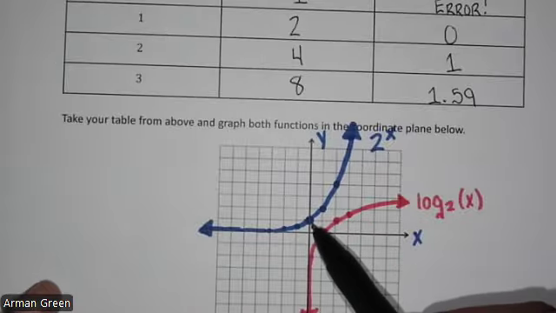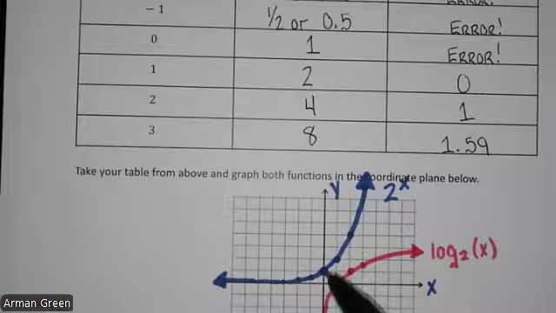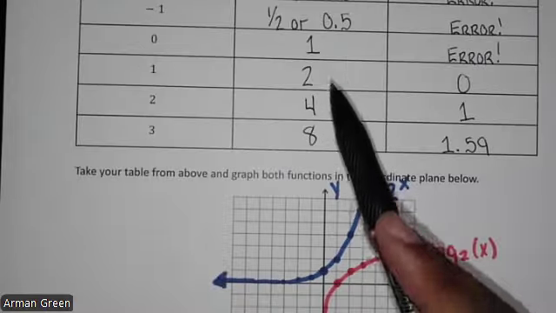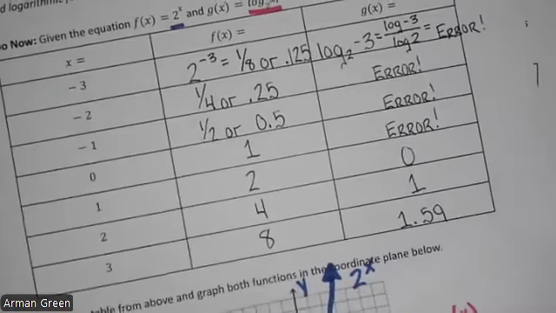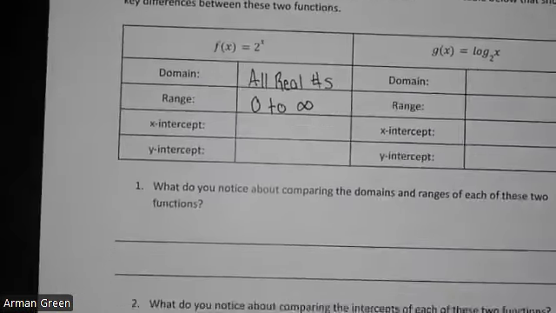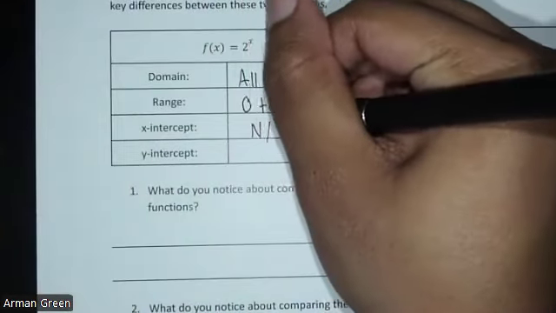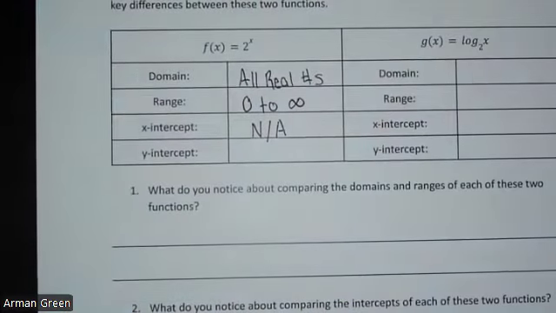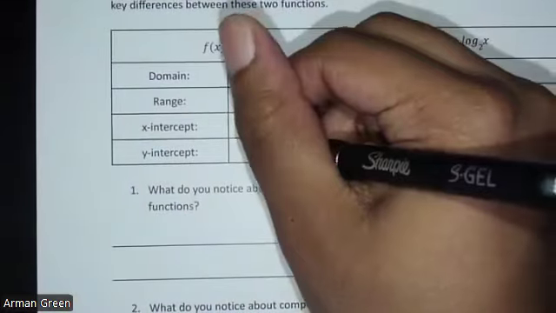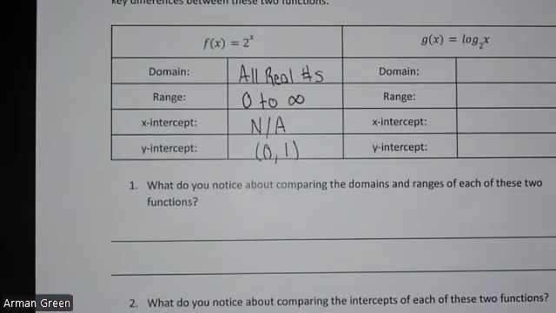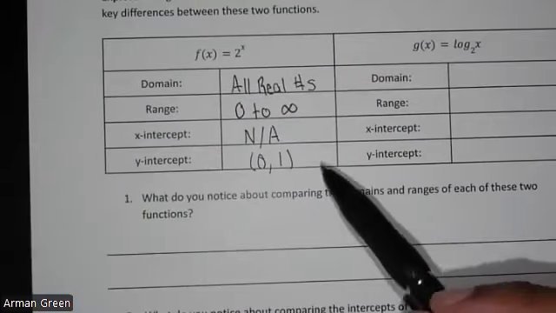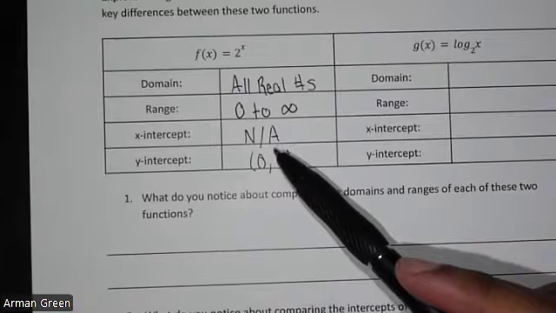And remember, the y-intercept is at the point 0, 1, because when x is 0, our y value is 1. So going back to our table here on page 25, for the x-intercept, we're going to write NA because there isn't one. And for our y-intercept, we're going to write the point 0, 1. So these are some characteristics for the first function.